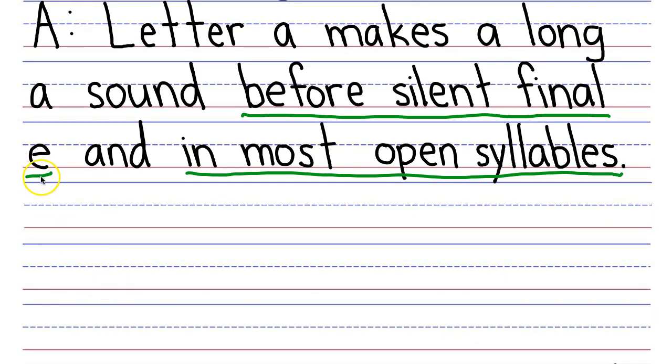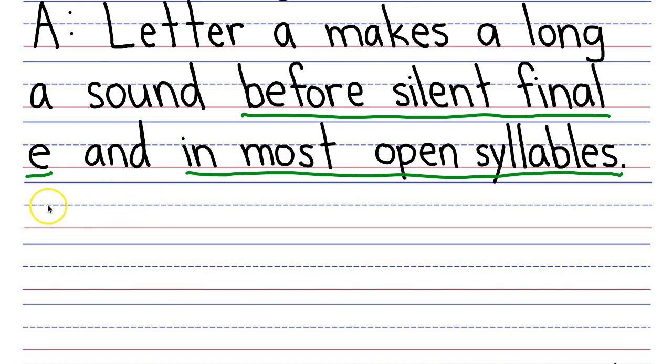In our letter E lesson, we're going to learn about all the roles of silent final E, and there are many. But one of those roles, and a very important one, is that a silent final E can make the preceding vowel in a word make a long vowel sound.